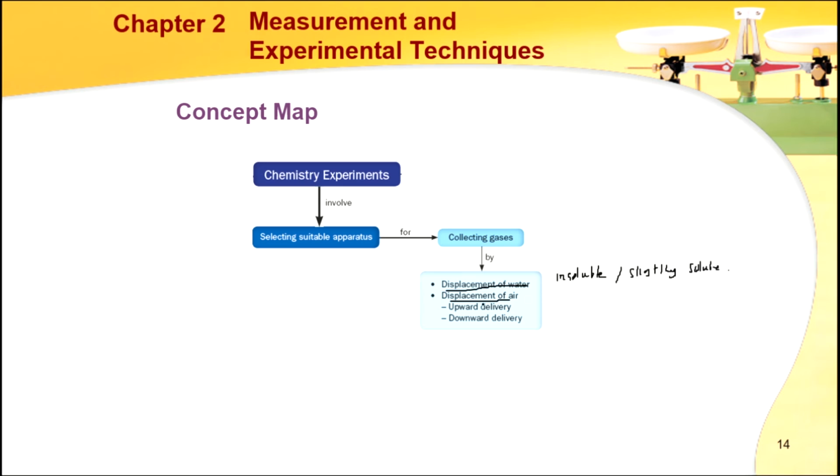We use displacement of air if the gas is soluble in water, and it can be upward delivery or downward delivery. This will be related to the density compared with the air particles.